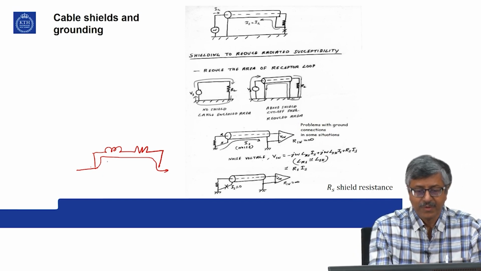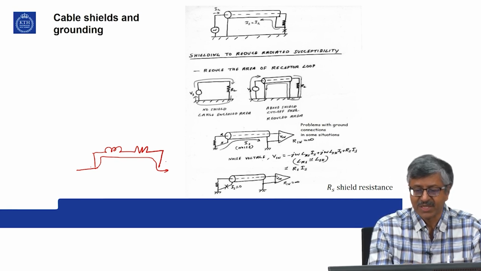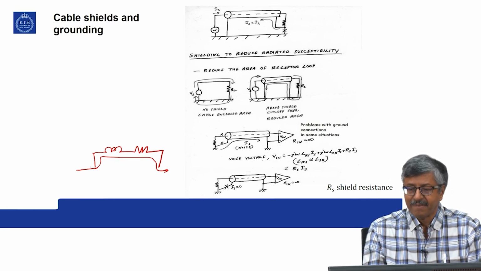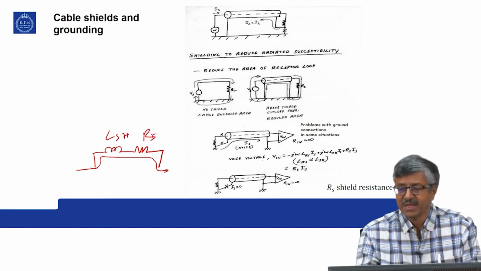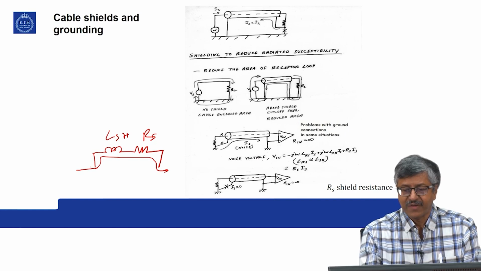If you write this voltage drop equation, minus j omega the mutual inductance M I s plus j omega shield inductance L s h I s, plus R s I s. We have seen before that the self inductance of the shield is approximately equal to the mutual inductance between the signal wire and the shield.